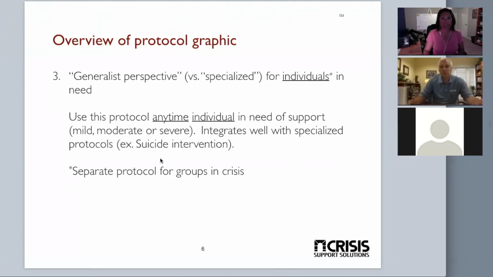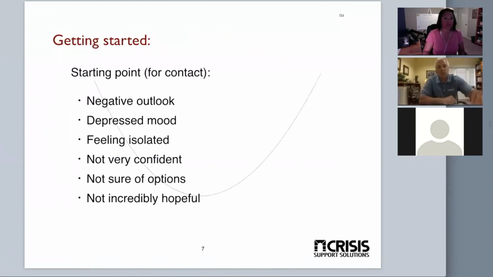So if you haven't taken our group crisis training yet and you want to work with a team and go and work with groups in crisis, then that's a different protocol for that. So today we're only talking about working one-on-one with individuals. And by the way, this model works whether you're sitting in front of them over a cup of coffee at a coffee shop, or if you're on the phone as well.